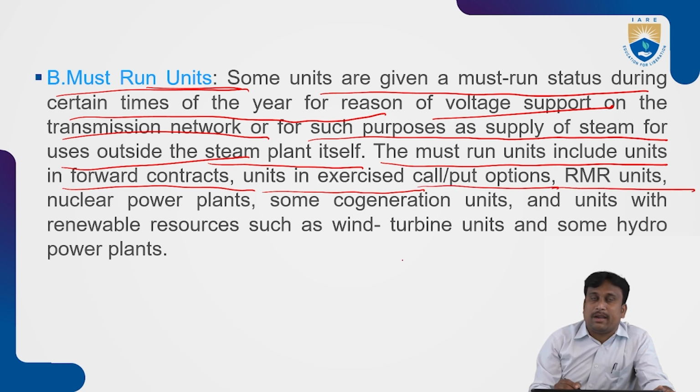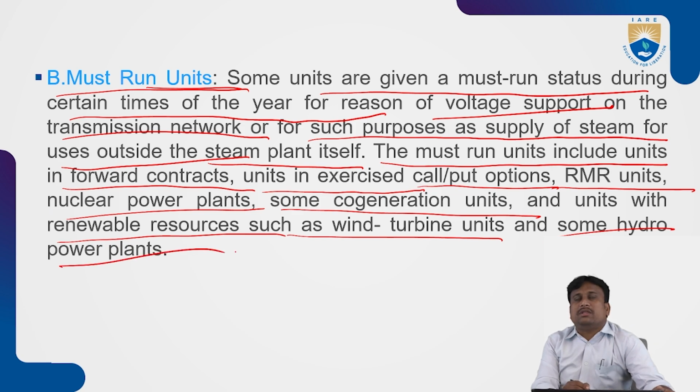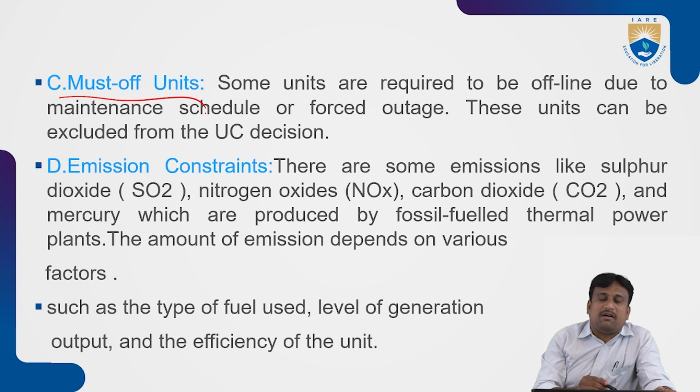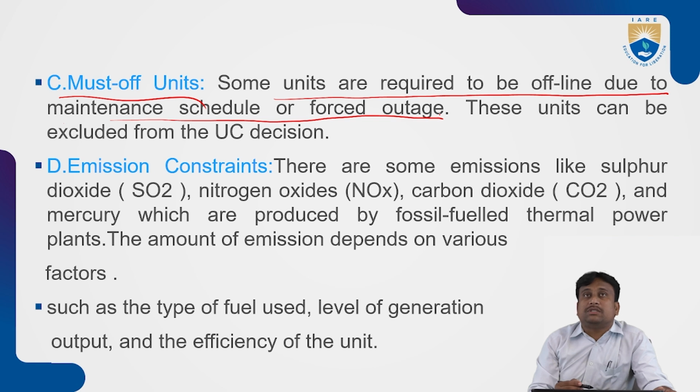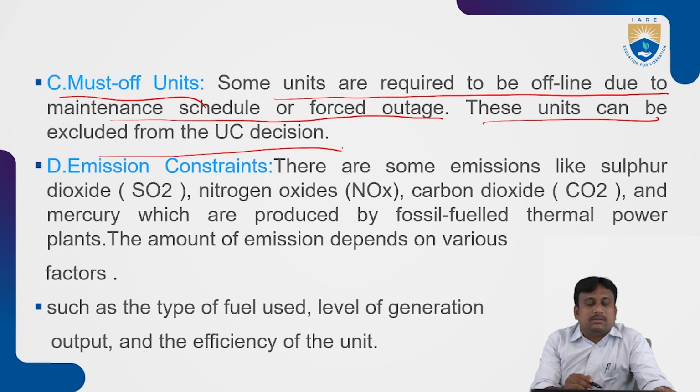They may be treated like RMR units, nuclear power plants, some congestion units, and units with renewable sources like wind turbine units and some hydel power plants. These are must-run units they must consider. And must-off units are units required to be offline due to a maintenance schedule or forced outage. These units can be excluded from the UC decisions, so they are treated as must-off units.